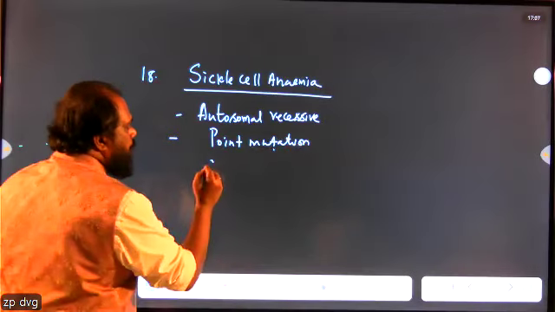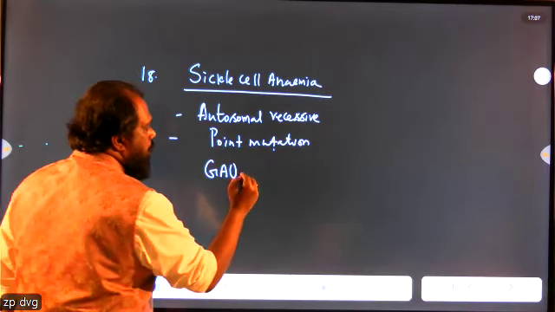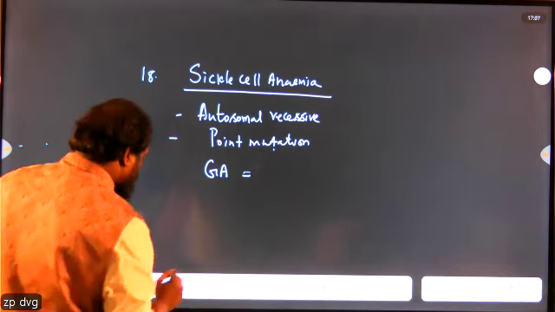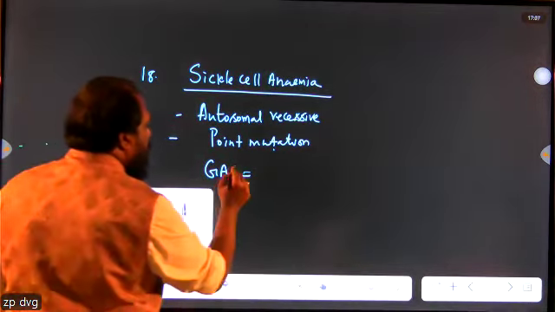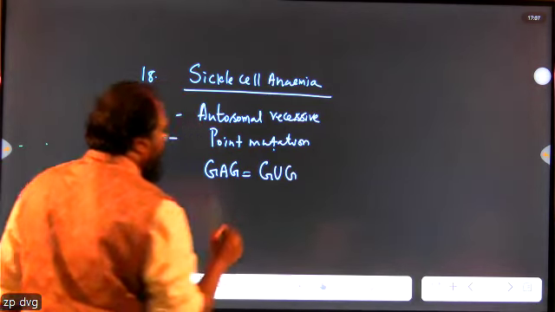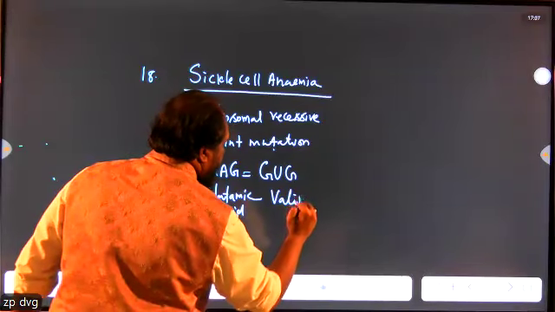What is point mutation? In the mRNA, the code GAG is converted into GUG. That means instead of coding for glutamic acid, it codes for valine.